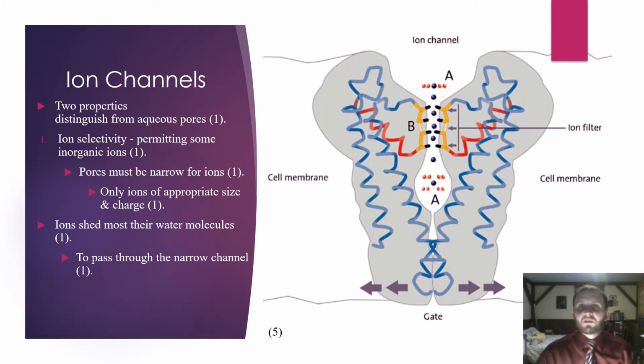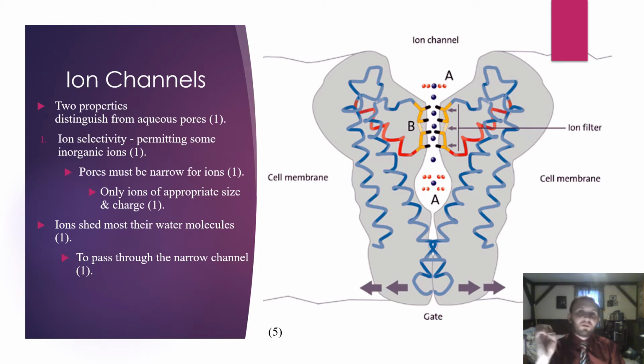What I want to talk about now in this slide is that these ion channels have two distinguishing properties that make them different compared to aqueous pores. The first one I want to talk about is what's known as ion selectivity. Ion selectivity means they permit some inorganic ions to pass, but not others.